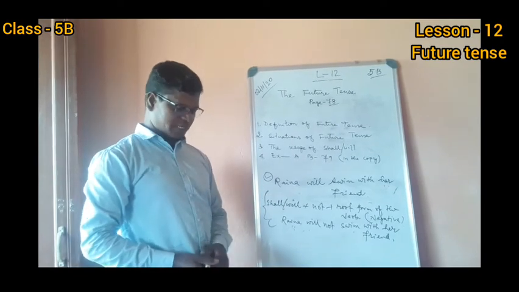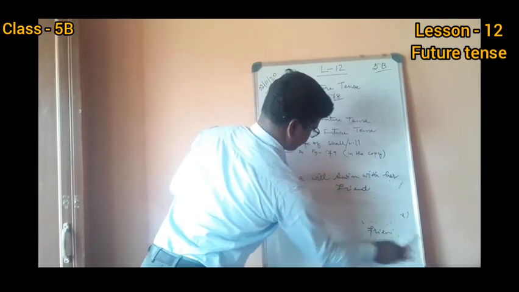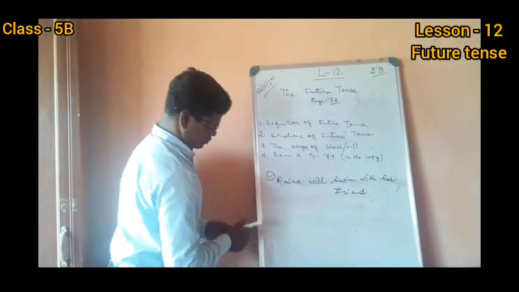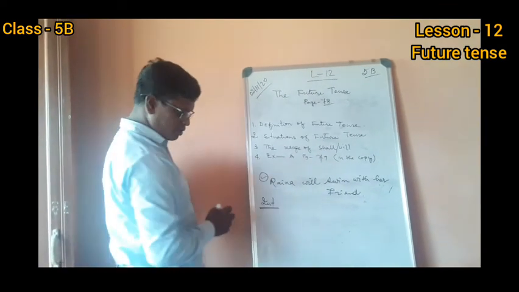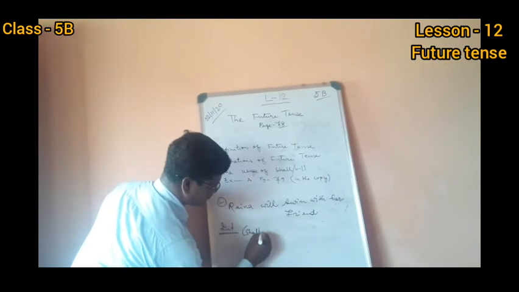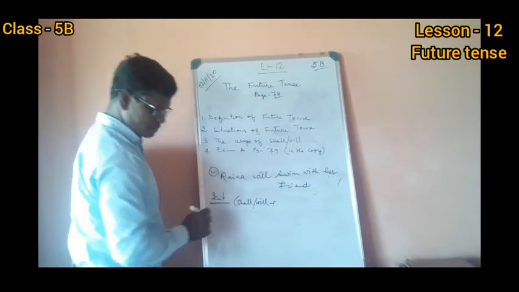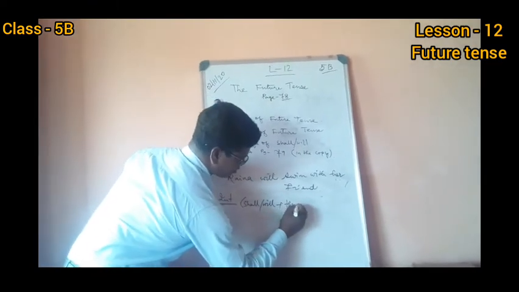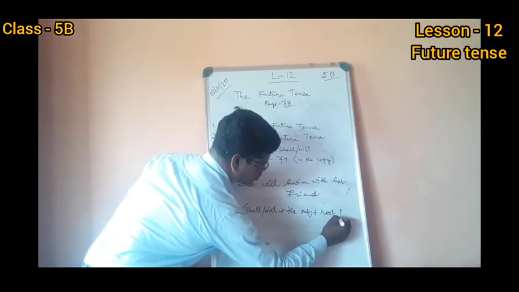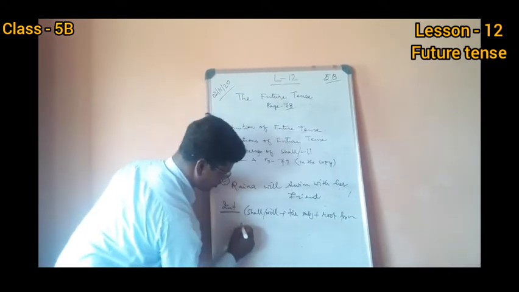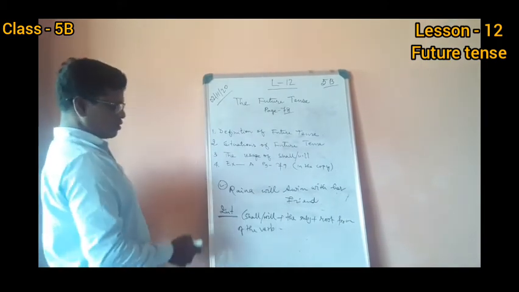And we have another form, that is interrogative. How do we change the sentence into interrogative? If we are changing it into interrogative, we must remember: shall or will, then the subject, then the root form of the verb. So this is how we make the interrogative sentence.